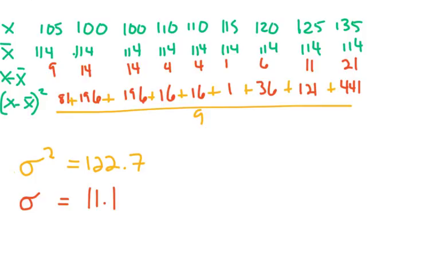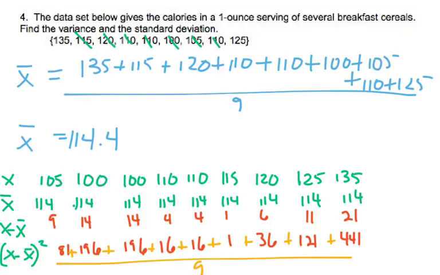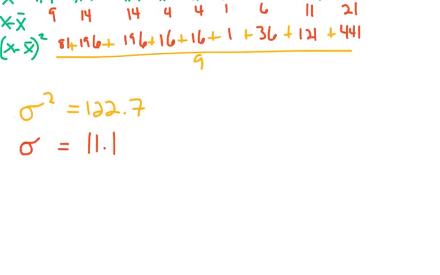Let's go back and look at this problem again. This problem was talking about calories in a 1-ounce serving of breakfast cereal. The standard deviation is 11.1 calories.